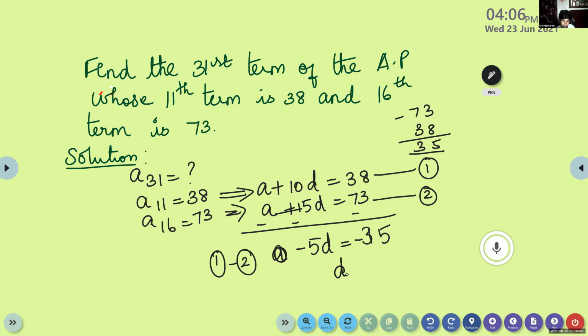Yes, d is 7. On both sides we can cancel the negative. So 35 by 5, d is 7.